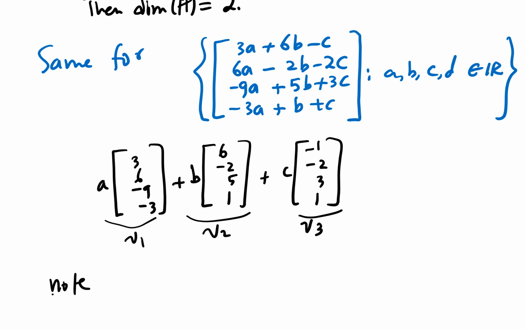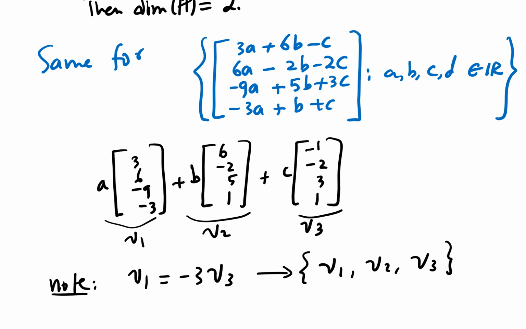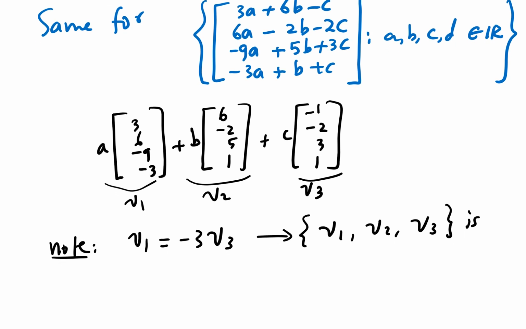Note that v1 is -3 v3. Right? So this set v1, v2, v3 is not a linearly independent set.